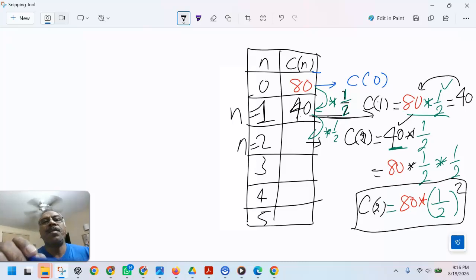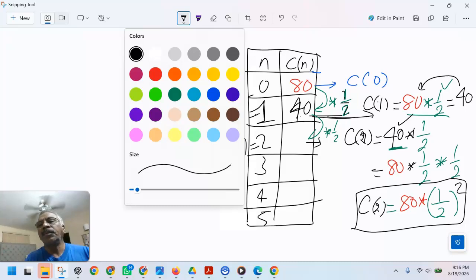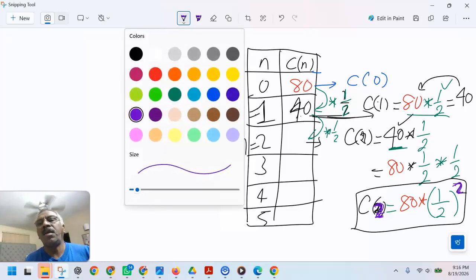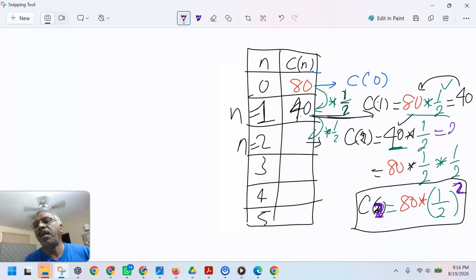I want you to focus on that 2, when the step number is 2, when you make two cuts, this 2 is the same as here. See? Now, that means the answer of this is going to be 20, right? It is 20.